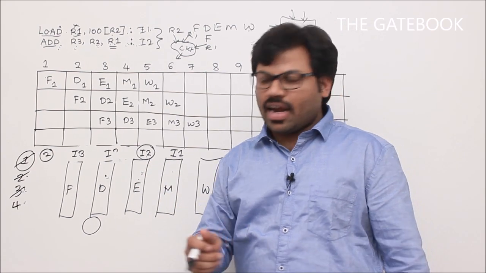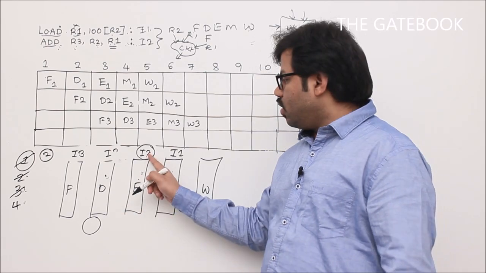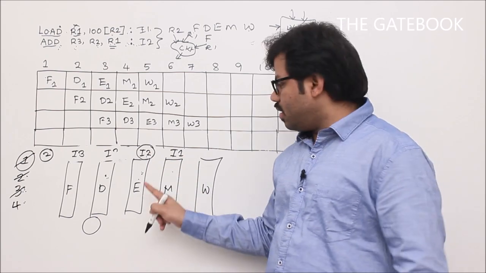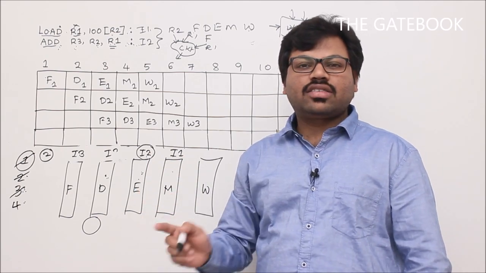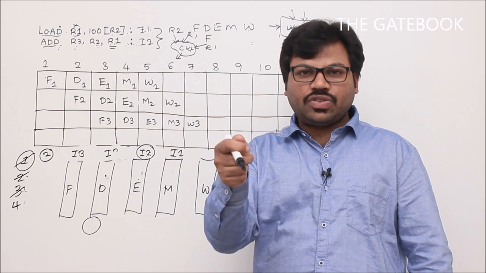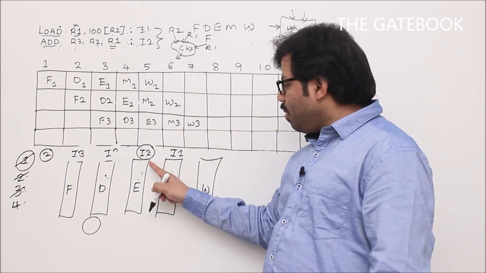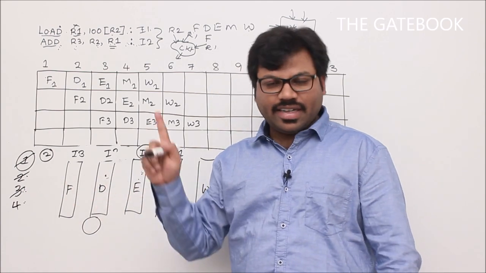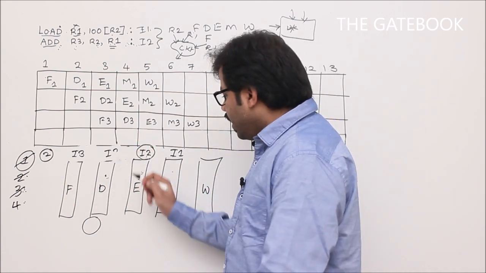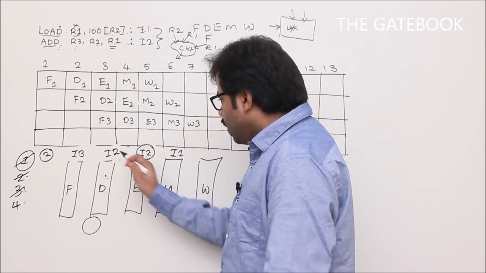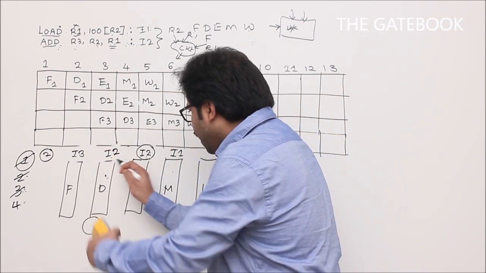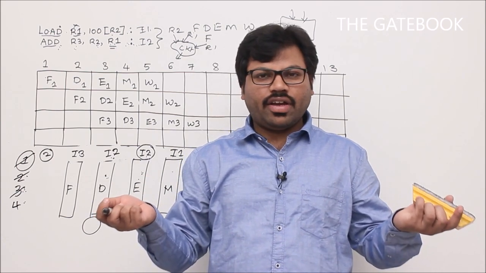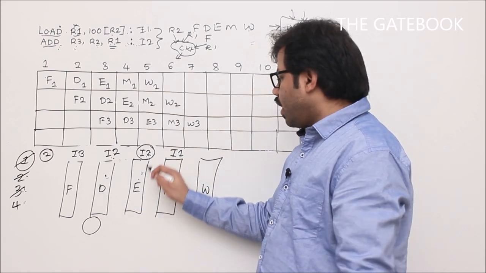He asks, my dear adder, please, I am giving you registers, please add them. But the adder will not respond. It asks him to show the appropriate password, that is the control signal. At the third clock cycle we realize that there is a danger, so while sending I2 from here to here, I2 brought all the dummy signals. All its passwords are illegal, they are expired, so that I2 cannot do its work.